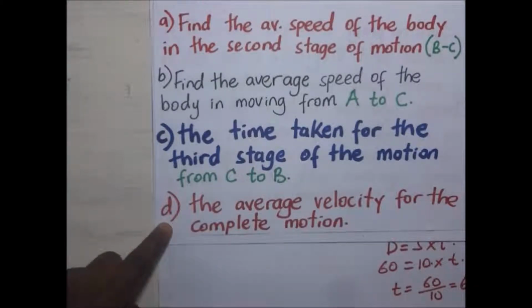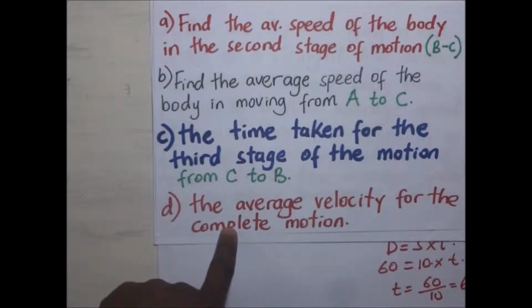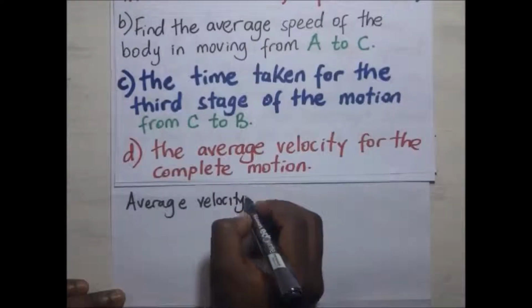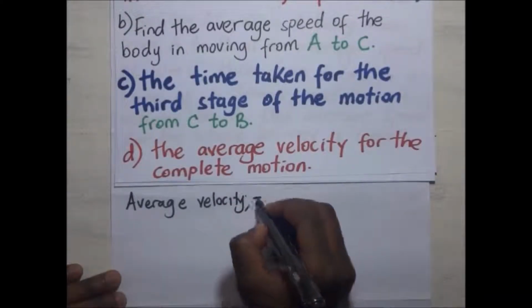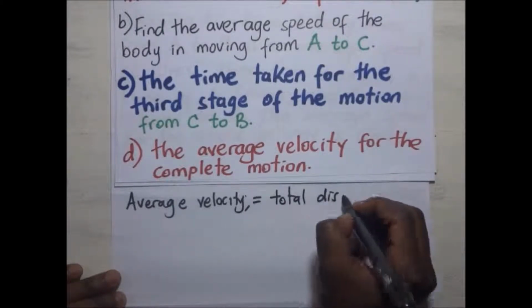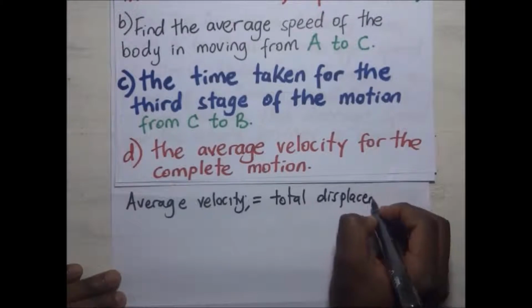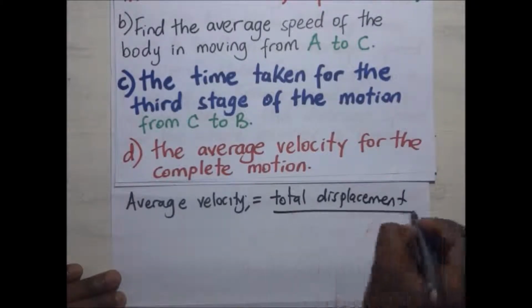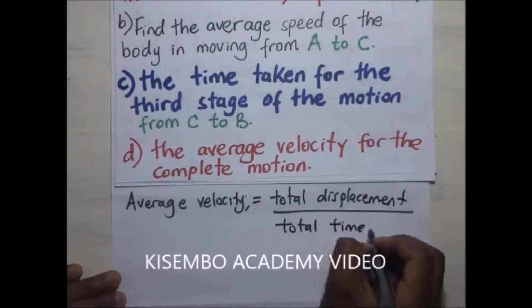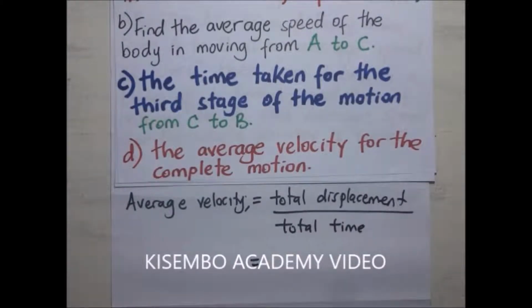Then in part D, we are required to find the average velocity for the complete motion. To find the average velocity of the complete motion, the formula will be total displacement divided by total time.